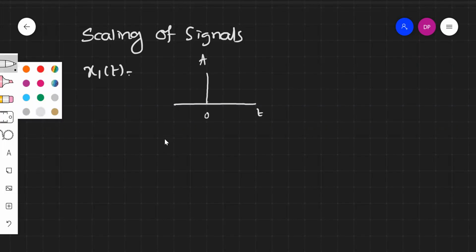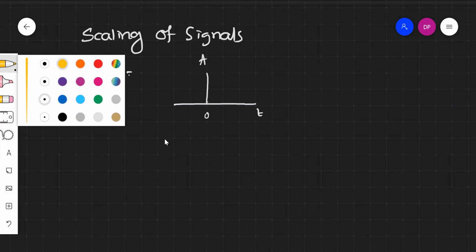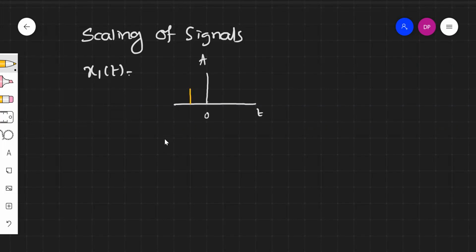The signal exists from t = -1 to +1, and the amplitude of the signal is, let's suppose, 1.